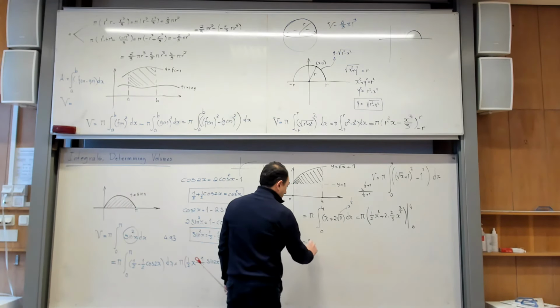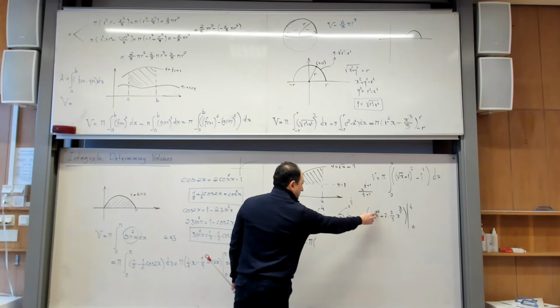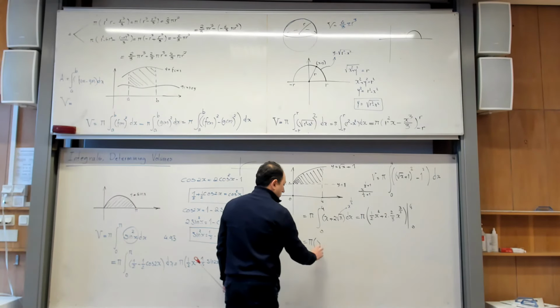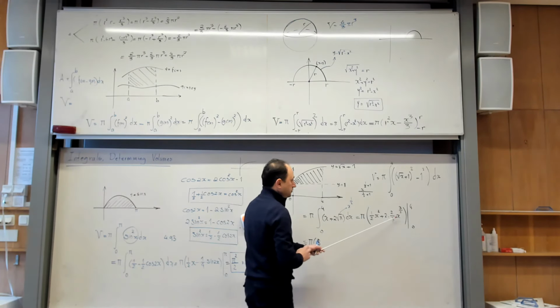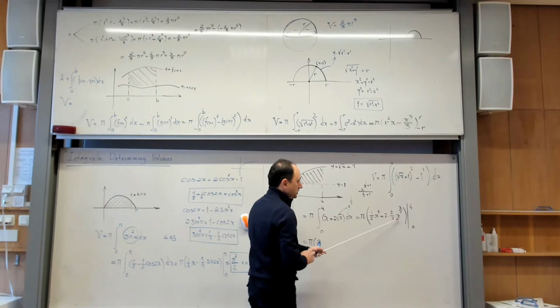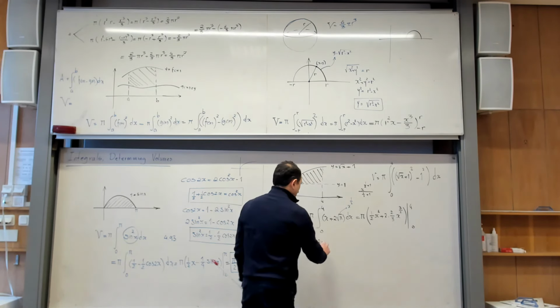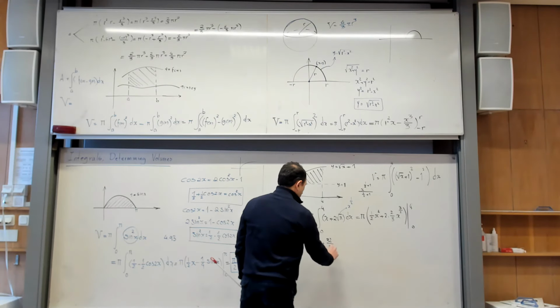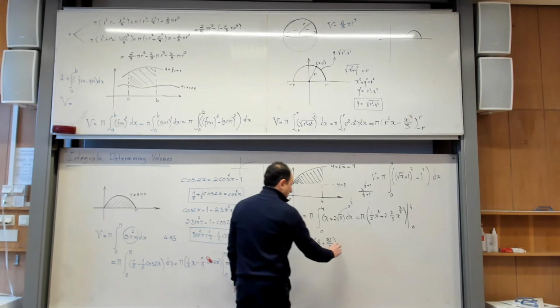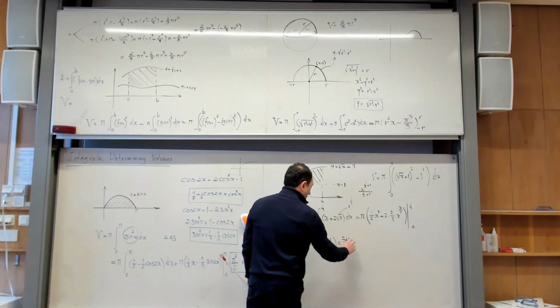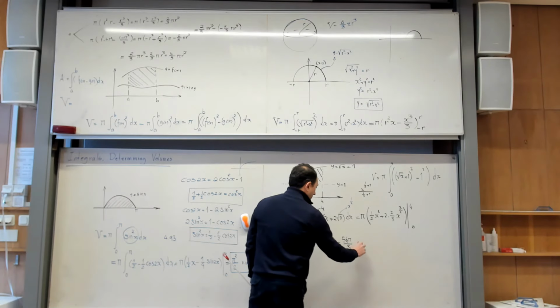So this becomes pi. I put 4 here to the power of 2, 16 divided by 2, 8. If I put 4 to the power of 3/2, it becomes 8 times 2, 16, 32 over 3. And then if I take the common denominator, it becomes 56 pi over 3 volume units.